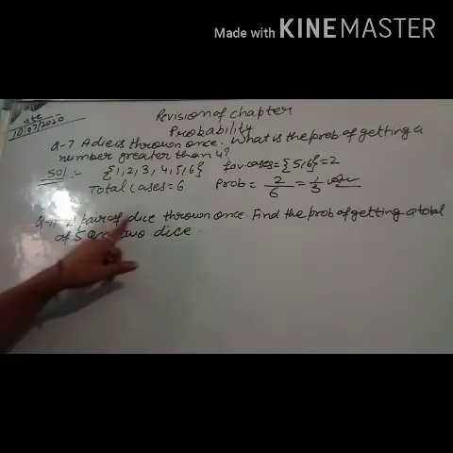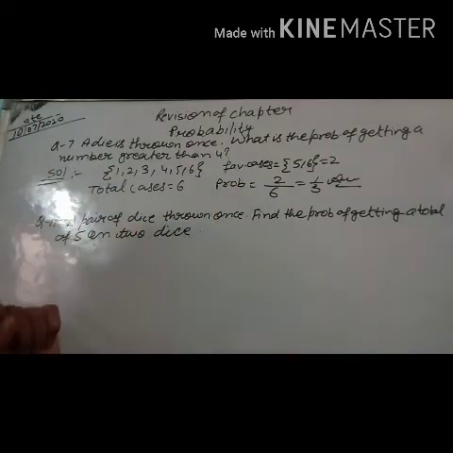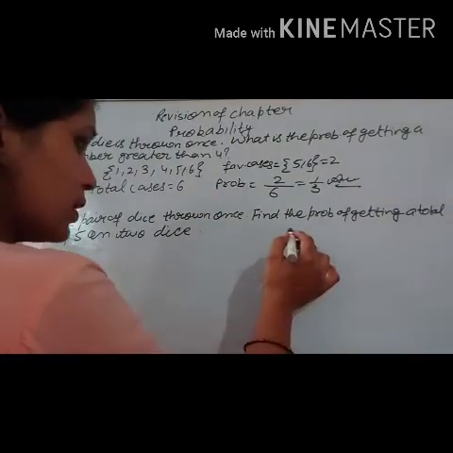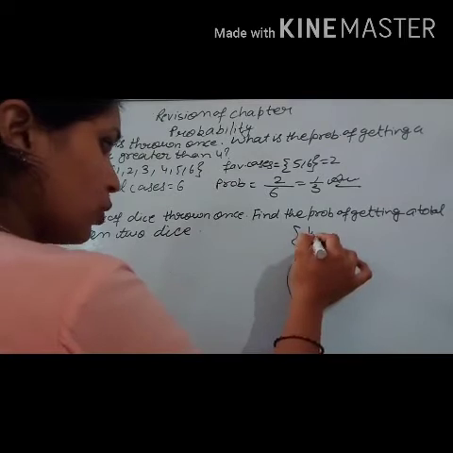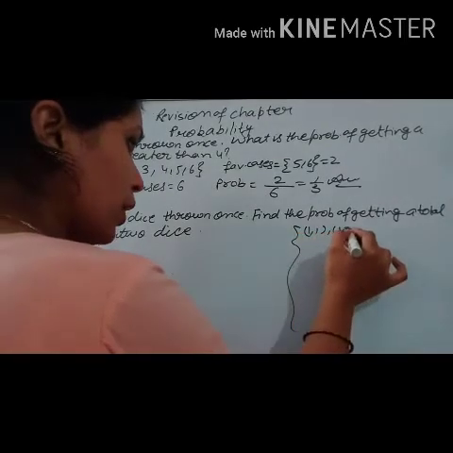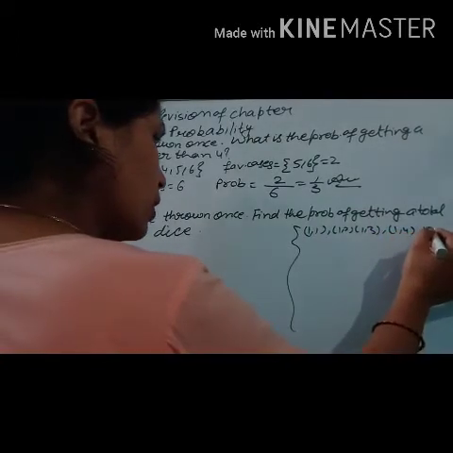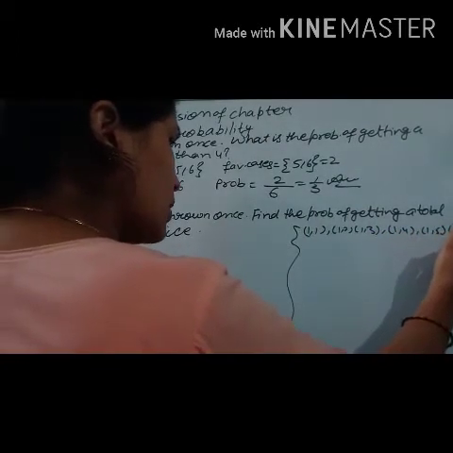Now a pair of dice is thrown once. When we throw a pair of dice, which cases do we obtain? Here 1 1, 1 2, 1 3, 1 4, 1 5, 1 6.